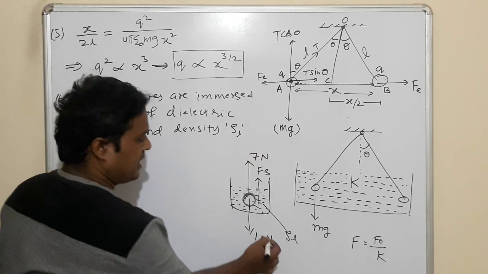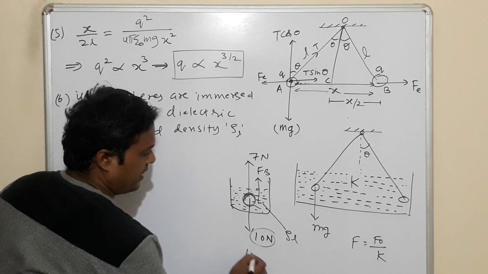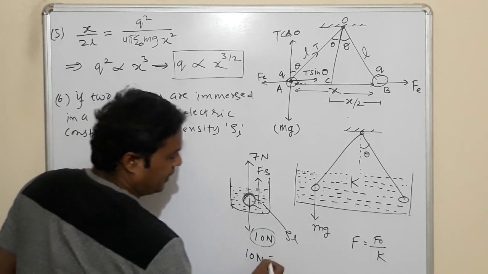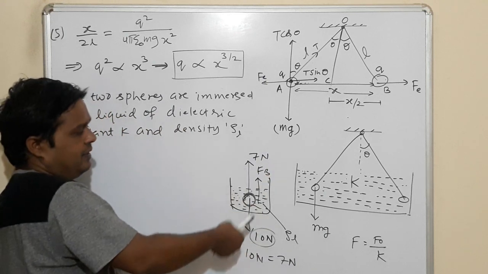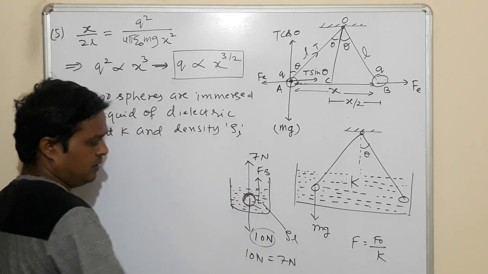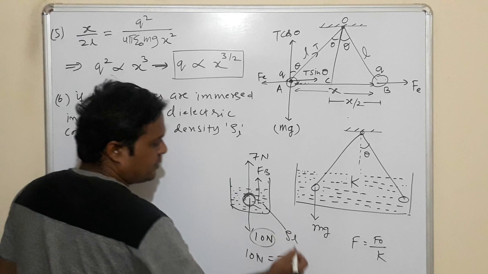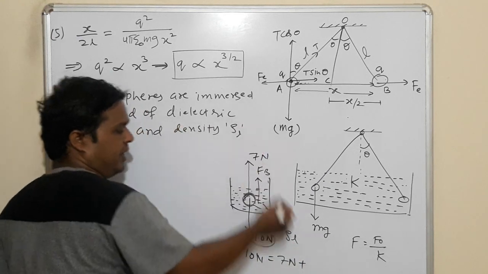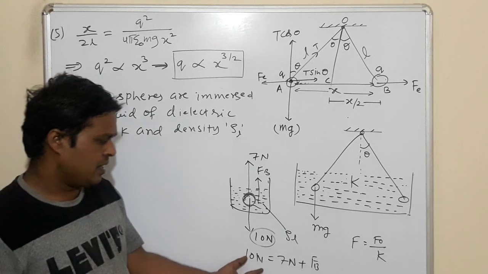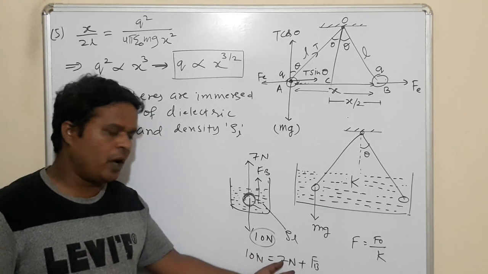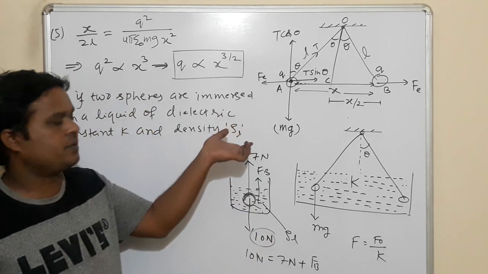If I say what is the real weight? Real weight is 10 Newton. What is my apparent weight? 7 Newton. It appears to be lighter than the actual weight. Which additional force is supporting me? That is the buoyant force. That means real weight is equal to apparent weight plus buoyant force.